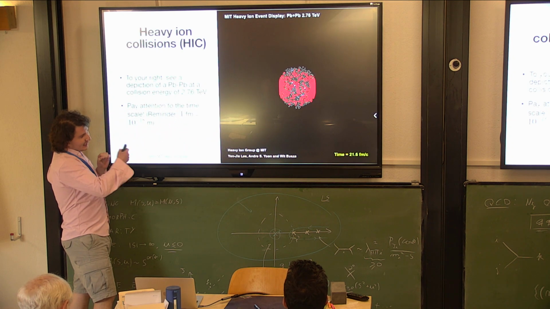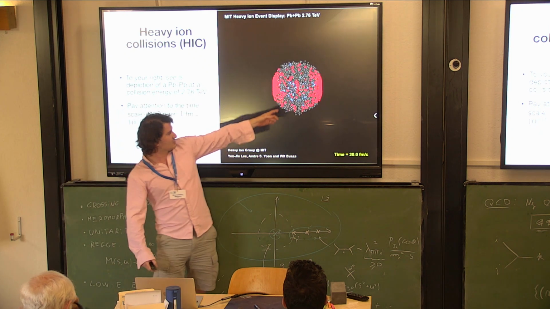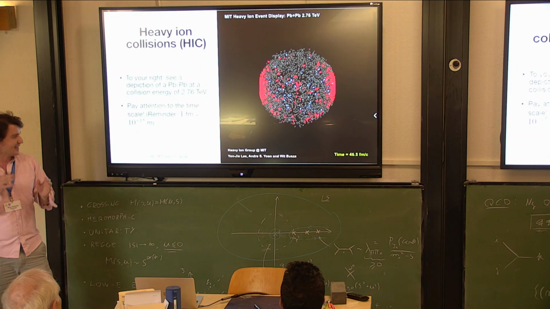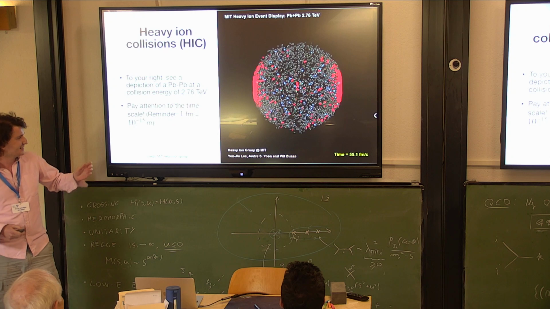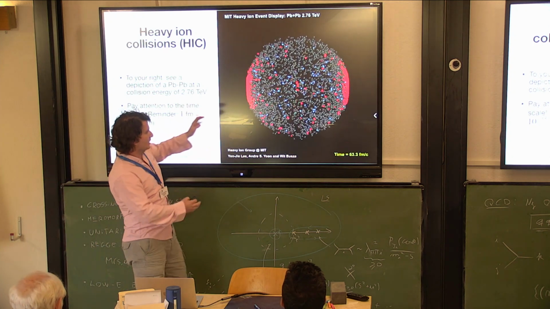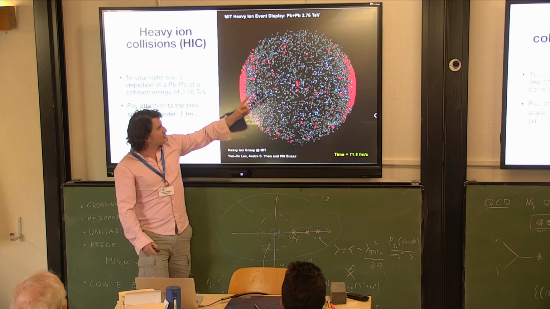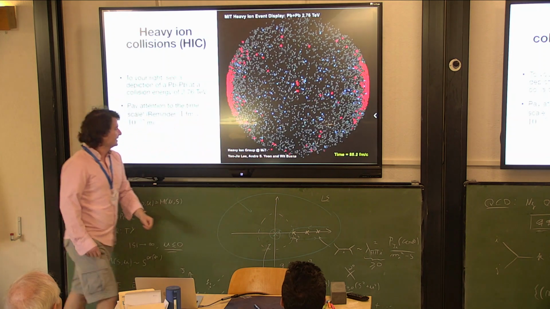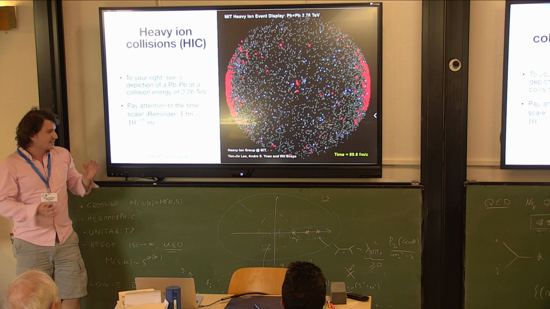And a short time after that, you see there's a red blob there, which in this cartoon you identify as the high temperature phase of QCD. And then eventually things cool off, stream away, fly off to the detectors in the accelerator that will be down here or up there. And all this happens in a really small time.